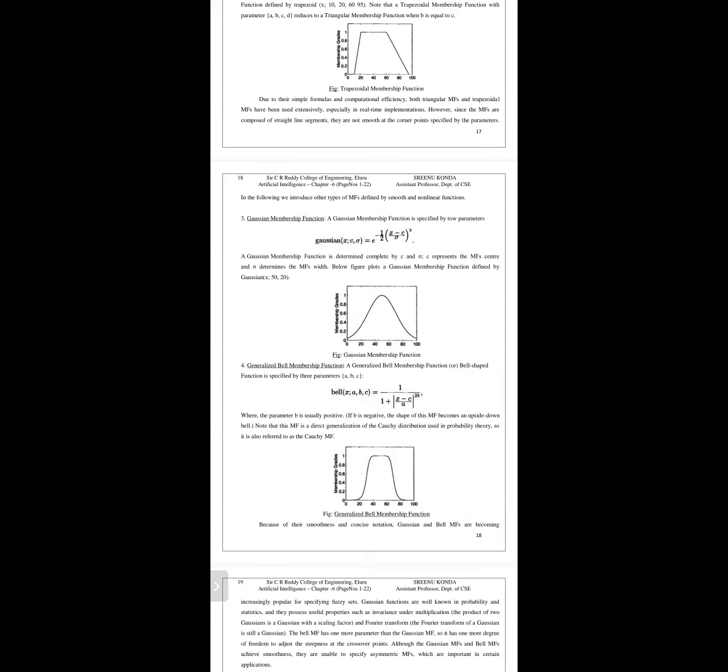If b is negative, the shape of the membership function will become an upside down bell. Okay, so this particular membership function is a direct generalization of the Cauchy distribution used in probability theory, so it's also referred to as the Cauchy membership function.